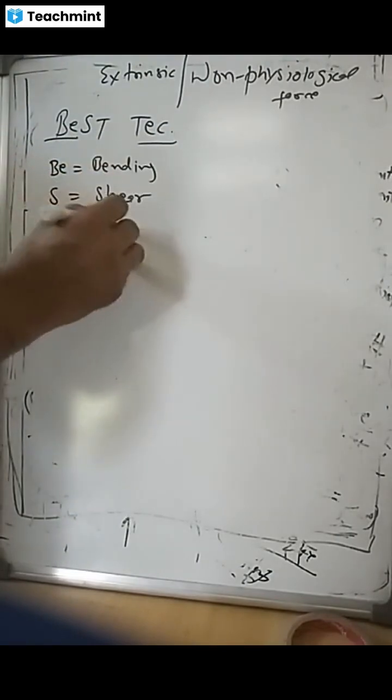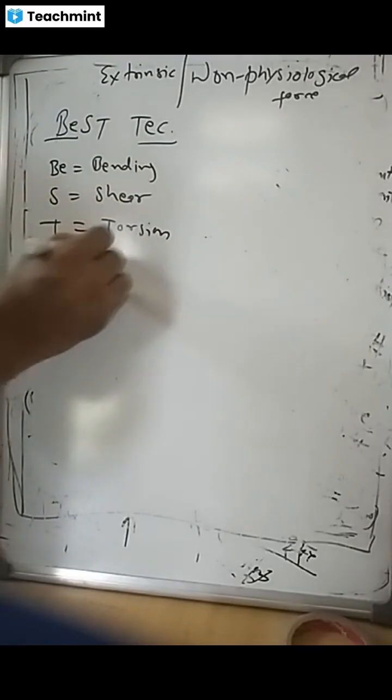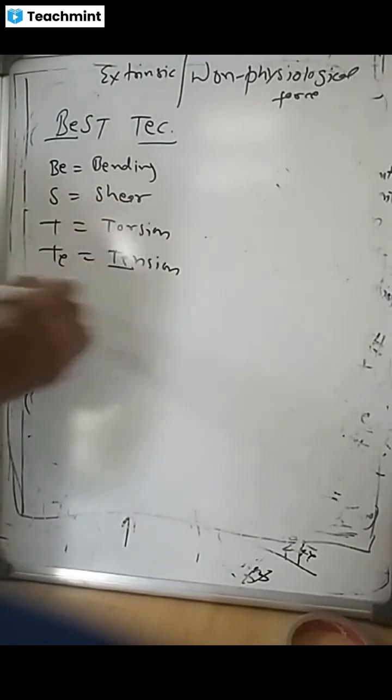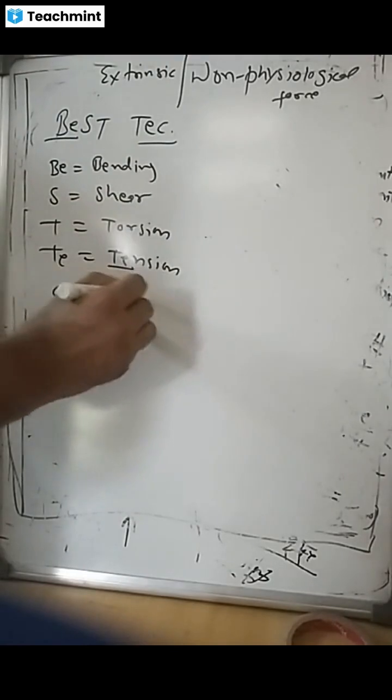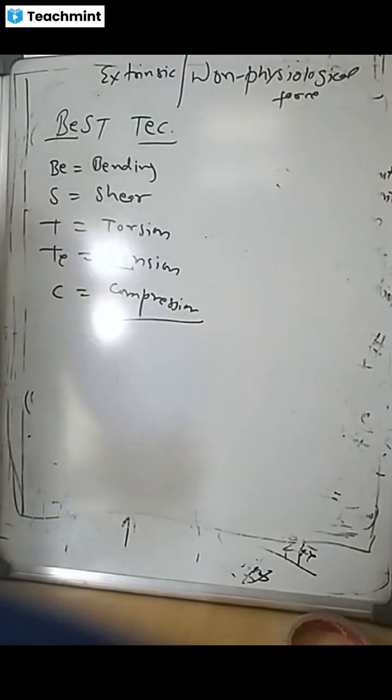What is BE? Bending. What is S? Shear. T? Torsion. And TE is tension. And C is compression. So these are the five forces.